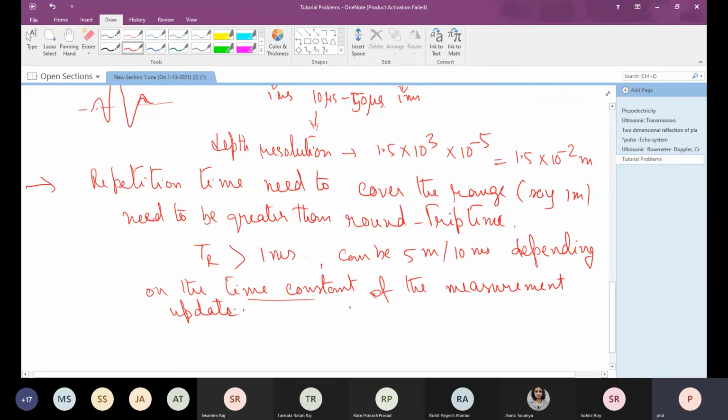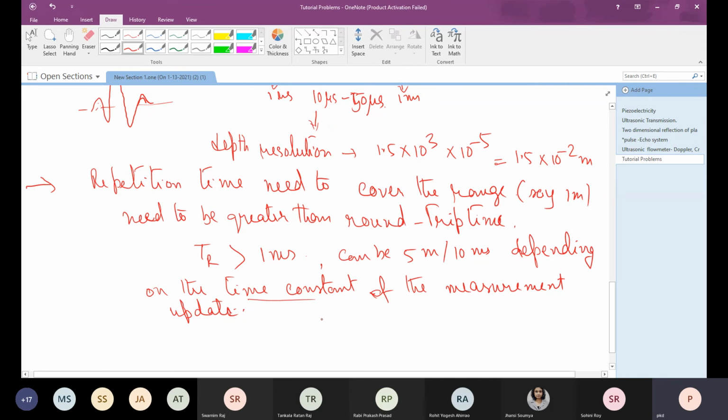Then travel time will take some time. Here it is taking 1 millisecond. But we have chosen the range to be much higher, corresponding to some repetition rate, suppose 5 millisecond. So this repetition rate will determine the overall time constant.